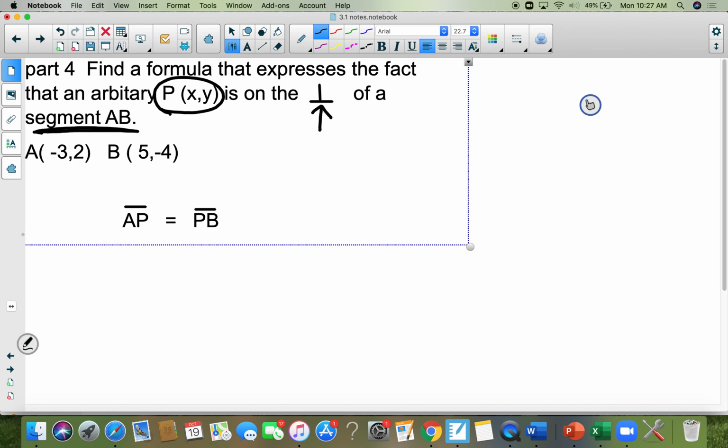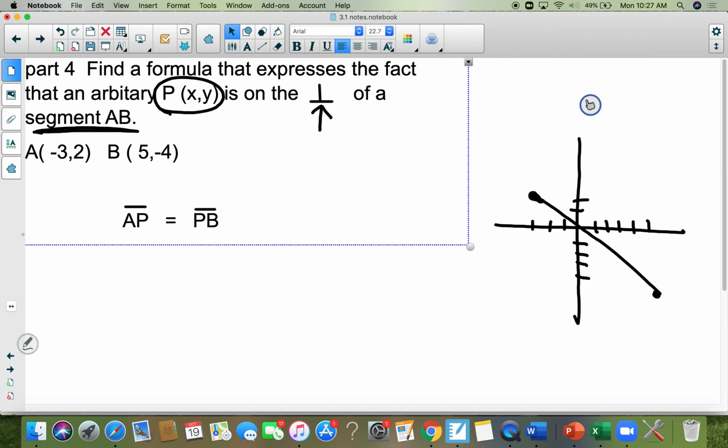So basically, I'll show you a picture of this. A negative 3, 2 is right here, and 5, negative 4 is right here, and that is the line between those two. What we are going to do is we are going to find a line segment.